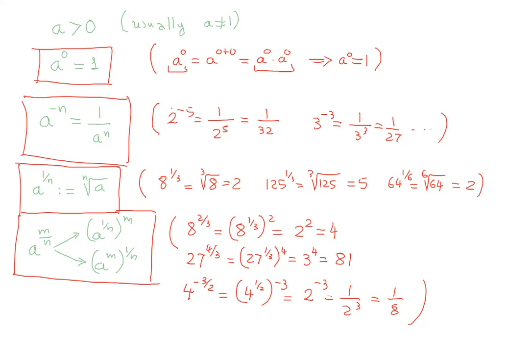Now, what I would like to do at this point is discuss a very interesting issue, which is what happens if we want to raise a number to an irrational power. So let's say, for the sake of the argument, that we would like to define 2 to the square root of 2.